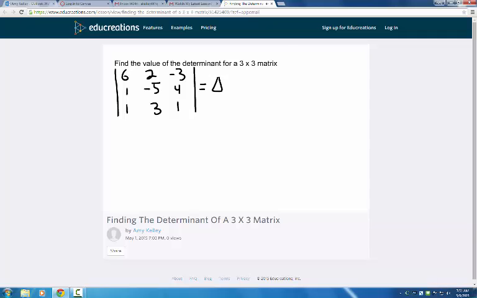We expand a row or column by choosing any row or column, multiplying each element within it by its cofactor, and then adding the results.